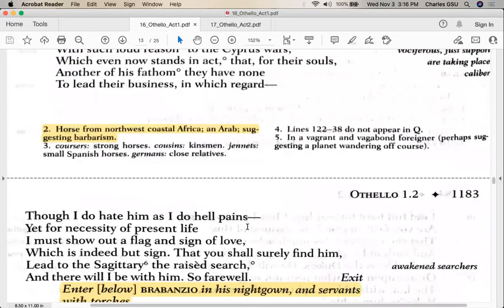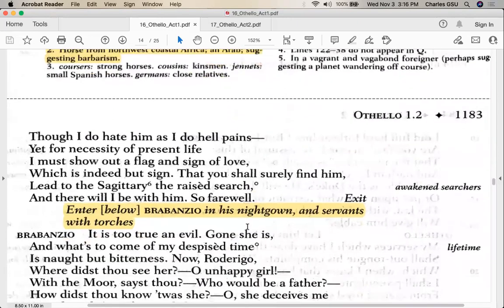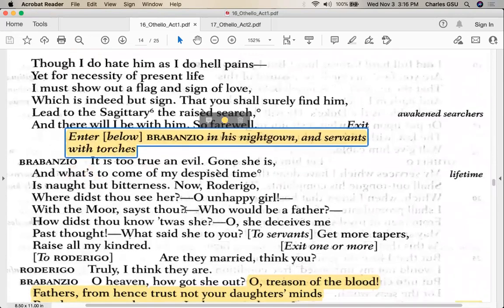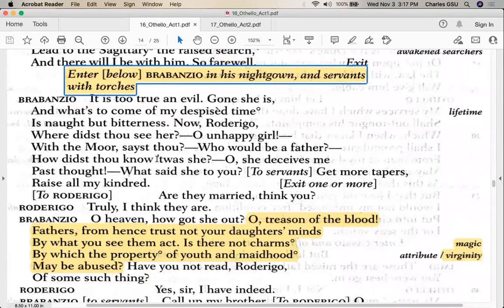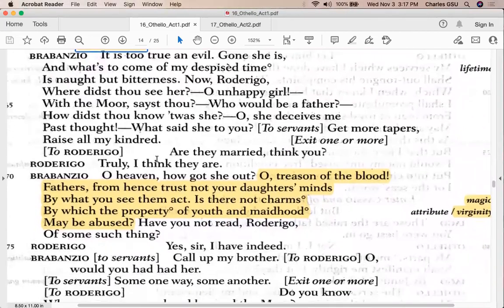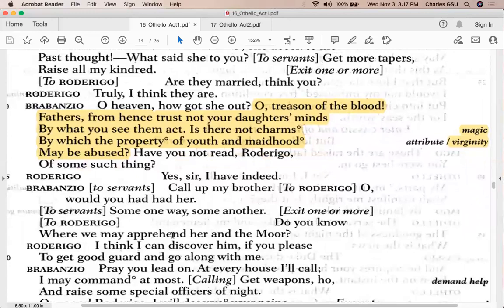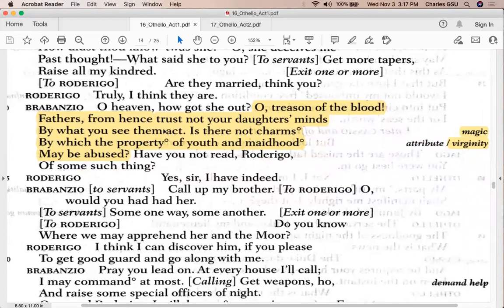So once this has transpired, Brabantio leaves the house with his entourage, and they happen to meet Iago in the middle of the street.